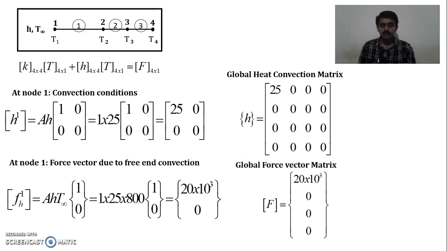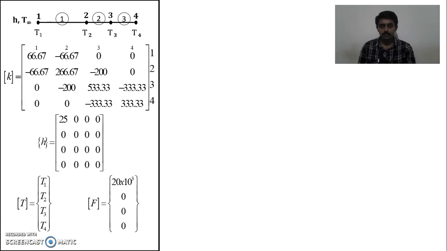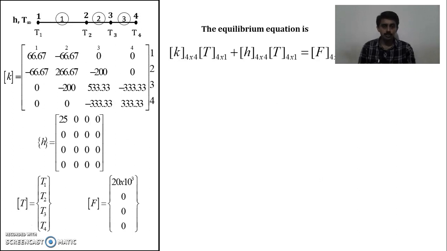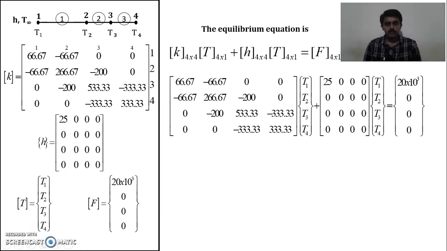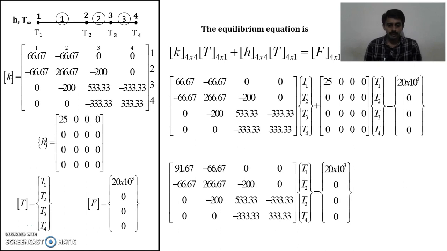If we substitute this into the equilibrium equation, these are the data we have. We can see on the screen. We should multiply it and add the matrices, and when we simplify, we can find the values of T1, T2, T3 and T4.